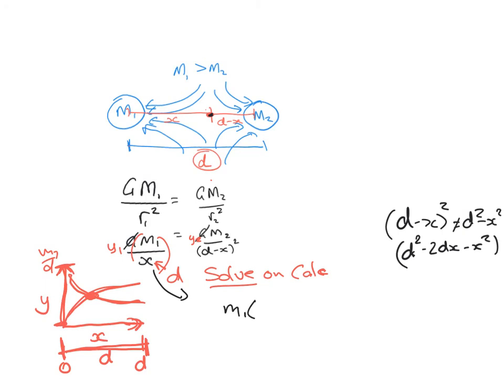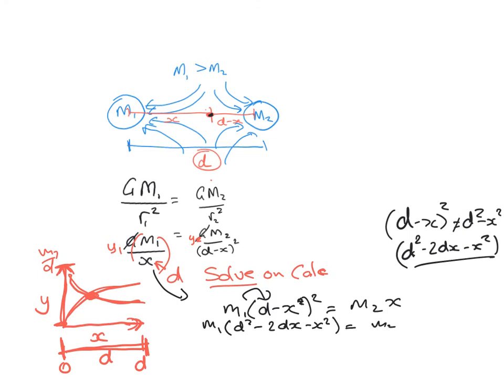Now to solve that theoretically, if we bring this down here, we'd multiply both sides by x squared, and m1 times (d minus x) squared is going to equal m2 x. We'd expand that one out. No, we can't do that, I'm being silly. We go through and expand this out, m1 times d squared minus 2dx plus x squared equals m2 x squared.